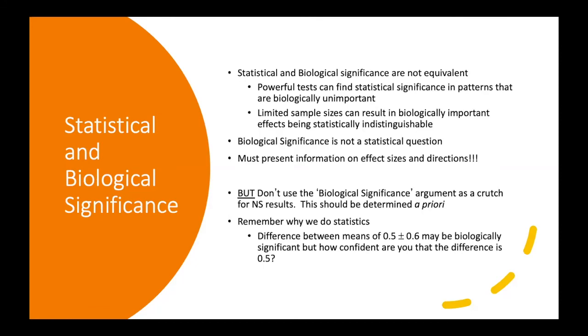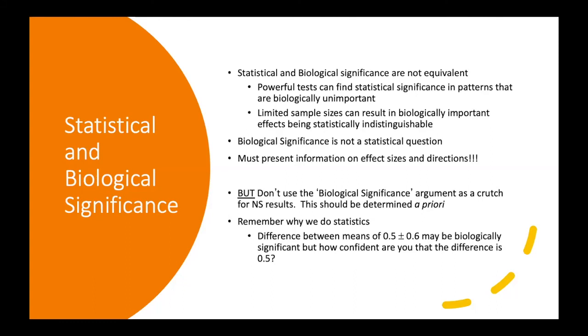So we can create very powerful statistical tests with very large sample sizes that are able to find statistically significant patterns in the data, but that are biologically trivial. On the flip side, studies with very limited sample sizes can result in very important biological effects that are statistically indistinguishable because of the limited sample sizes.